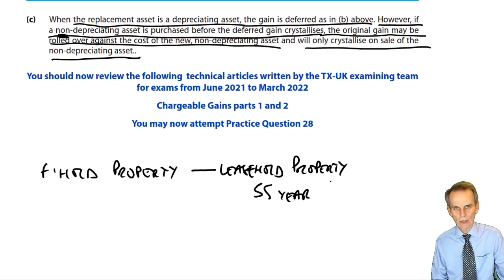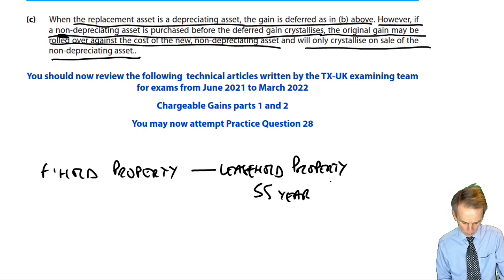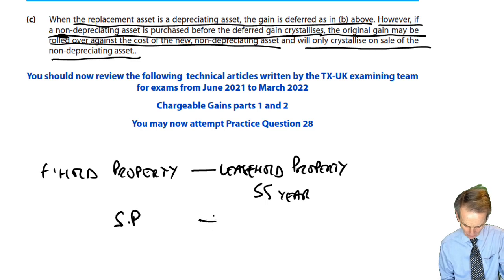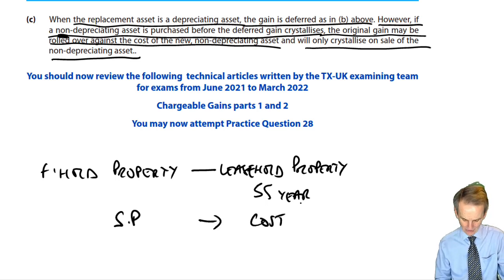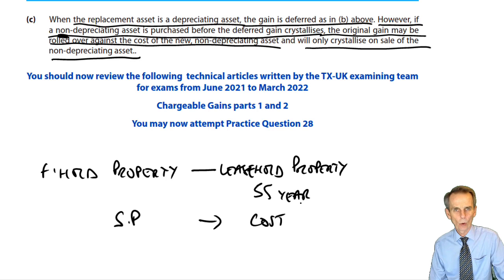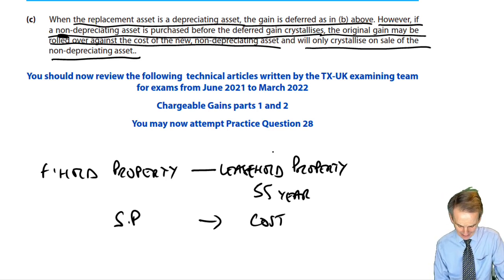Anything that isn't more than 60 years. If all the sales proceeds had been reinvested in the cost of that leasehold property, then all of the gains would have been deferred, but we wouldn't have rolled them over against the cost of that leasehold property, wouldn't have reduced that cost, we'd have simply deferred it, awaiting the earlier of those three events.